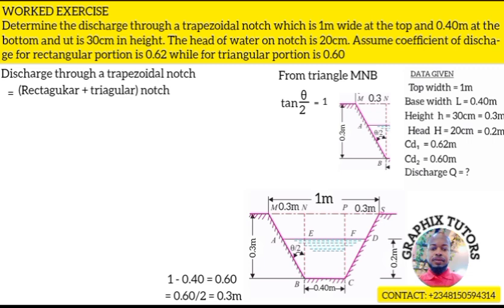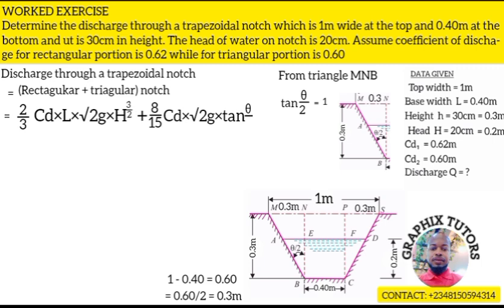Have it in mind, the formula for rectangular notch is 2 over 3 times CD times length times root 2g times H raised to power 3 over 2, that is for rectangular notch, plus the discharge of triangular notch, that will be 8 over 15 times CD times square root of 2g times tan theta over 2 times H raised to power 5 over 2. So this is what we have. From here, we start inputting our values.